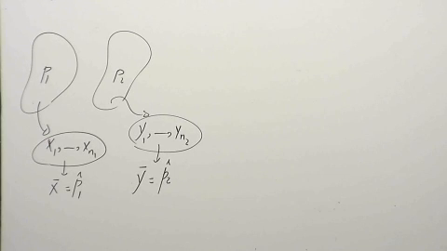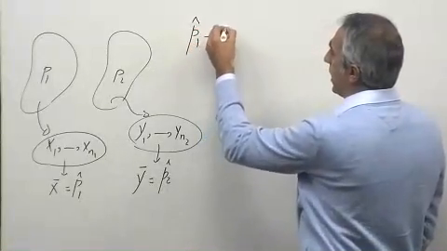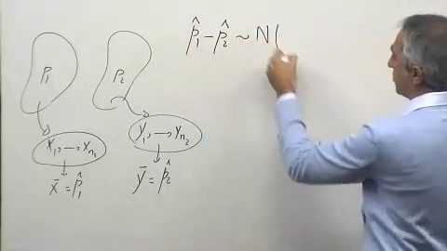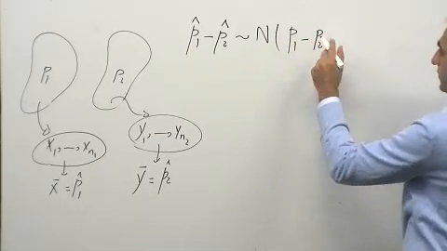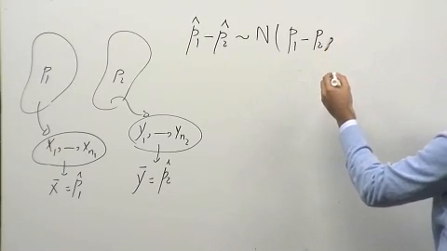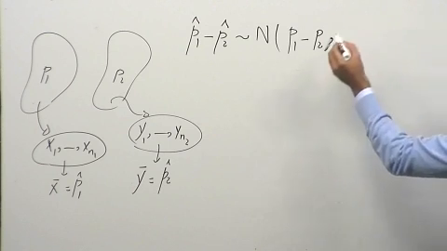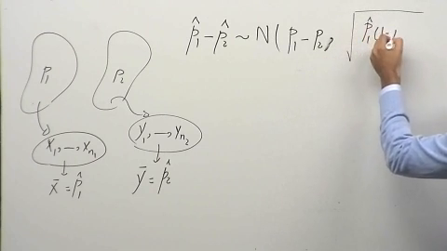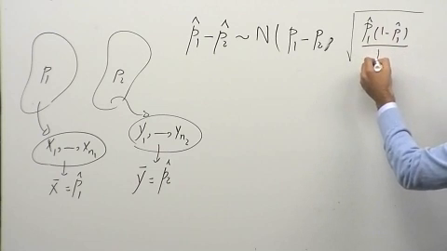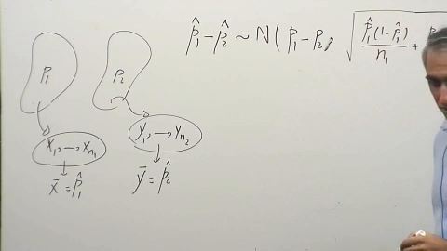Okay. Then what we can do, we know that p hat 1 minus p hat 2 follows a normal distribution with mean P1 minus P2 and the variance of basically the combination, which is P1, 1 minus P1, and, actually this is the standard deviation.